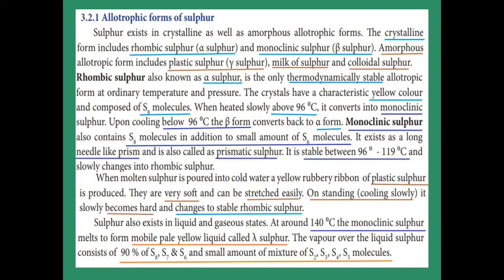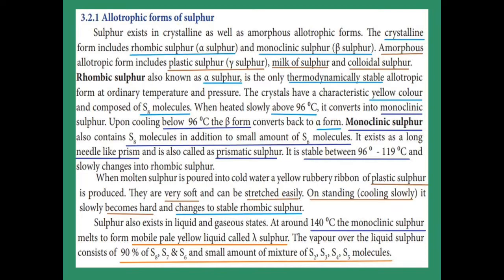Why we call it prismatic sulfur: it is a needle-like prism. It is also stable between the temperature 96 degrees Celsius to 190 degrees Celsius. Afterward it slowly changes into a pale yellow liquid, and on cooling it slowly changes into rhombic sulfur.